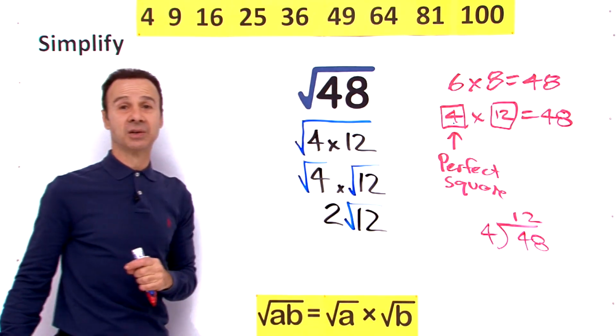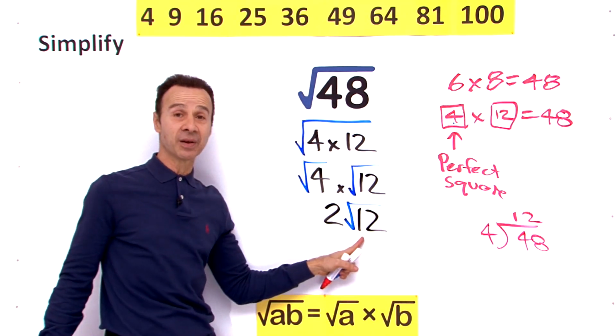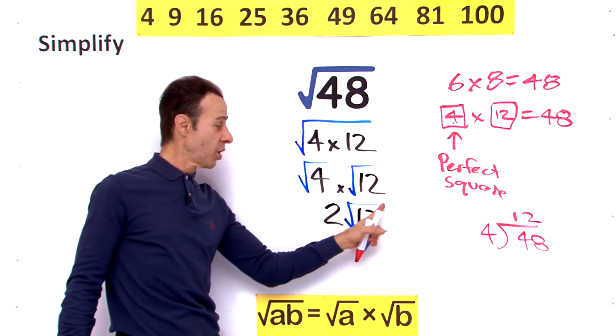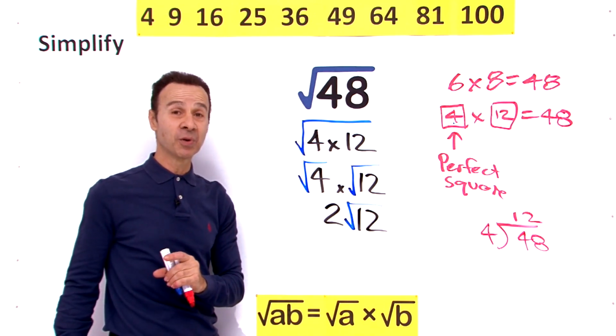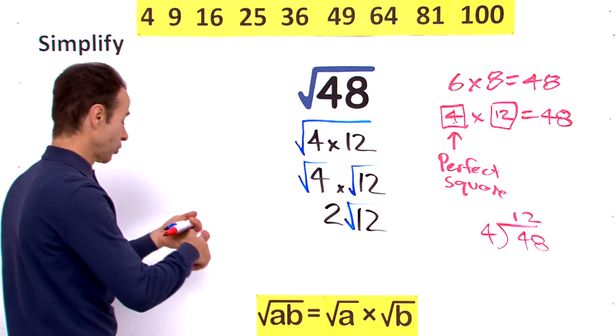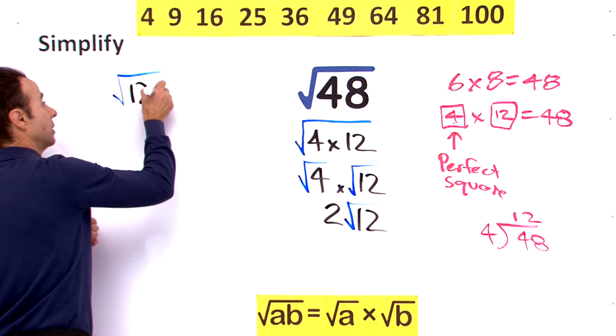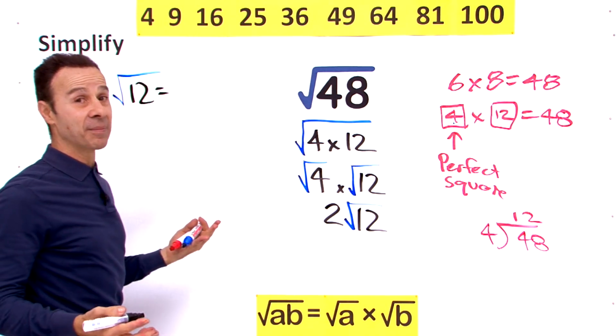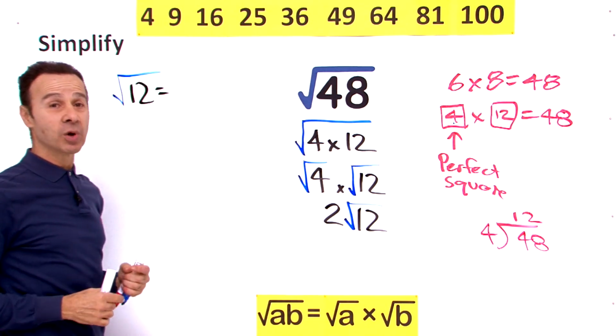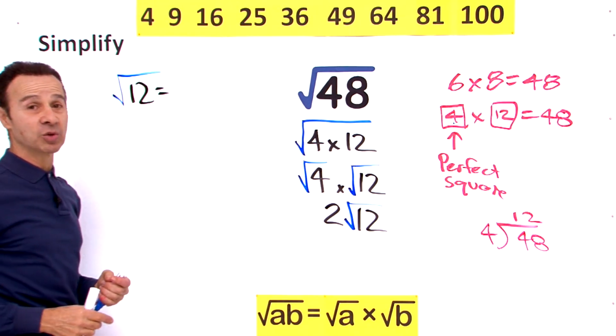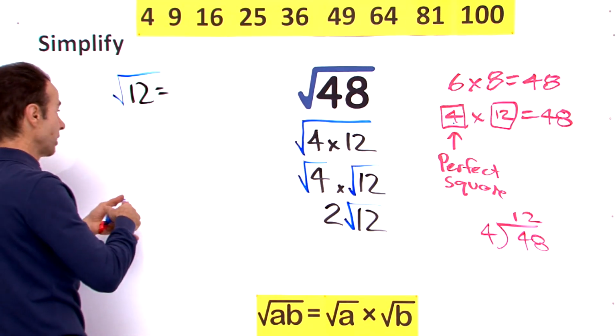Now, we're not finished, because we can get simpler than this. The square root of 12 there, we can simplify that further. The square root of 12 is equivalent to, well, we want to do the same thing. So what times what, two numbers, gives me 12? Well, 4 times 3, right?